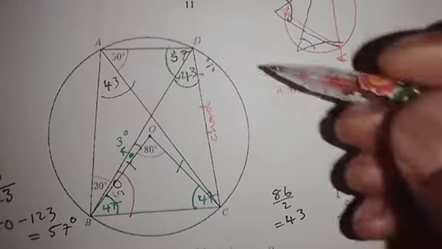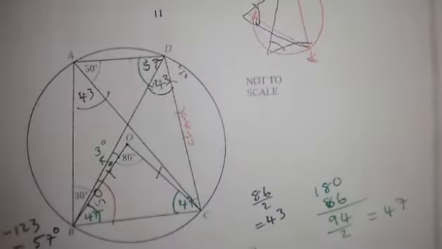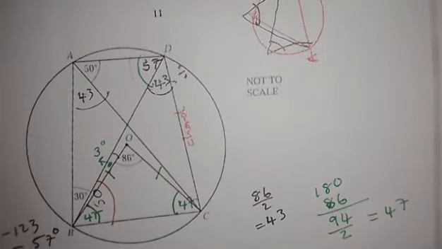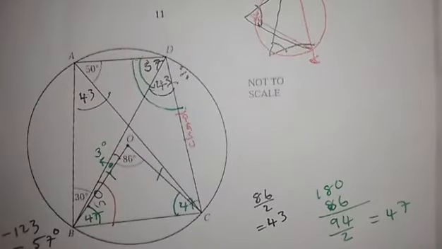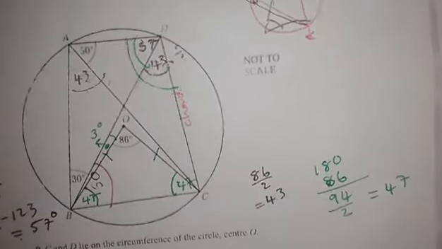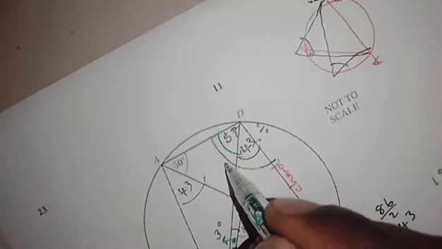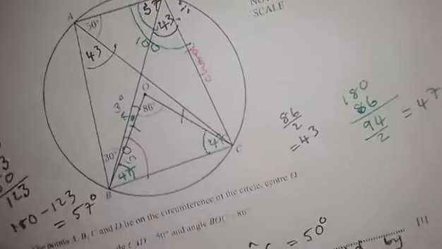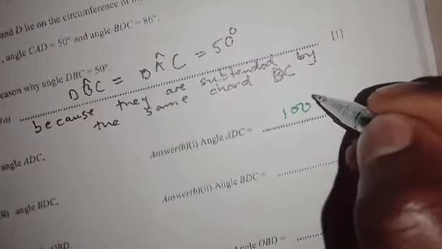ADC refers to this whole angle at D. It covers two angles, 57 and 43. So 57 plus 43 gives 100. So ADC is 100 degrees. That is our first answer.